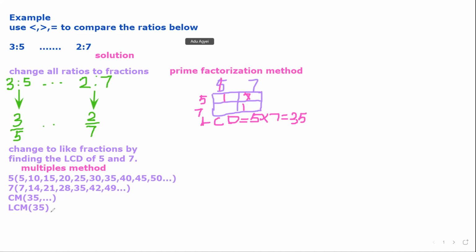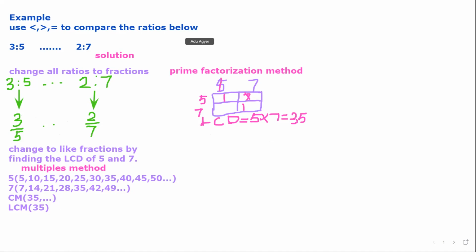So what is the meaning of this 35? What is the essence of calculating this 35? Because the fractions given here, which are 3/5 and 2/7, are unlike fractions. So we want to choose a common denominator, or we choose one denominator so that we can rename these fractions to get the same denominator to be 35. So our new denominator for both fractions here is supposed to be 35.